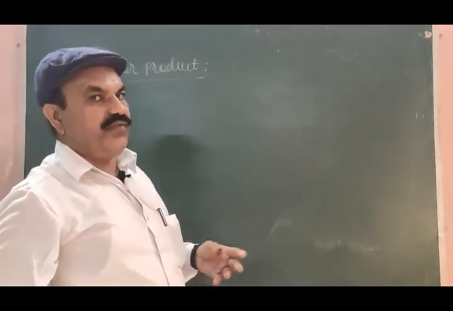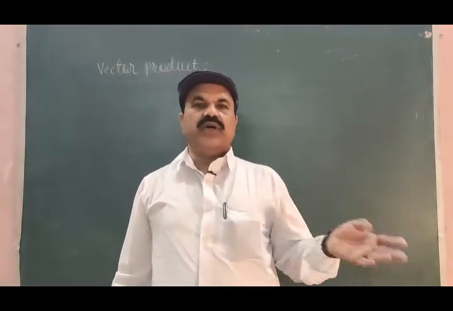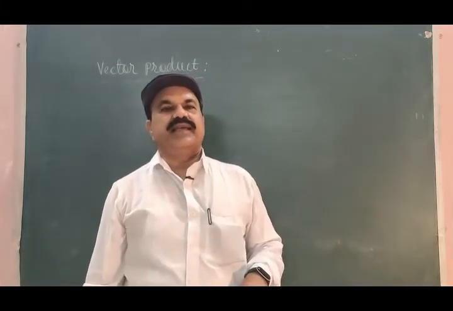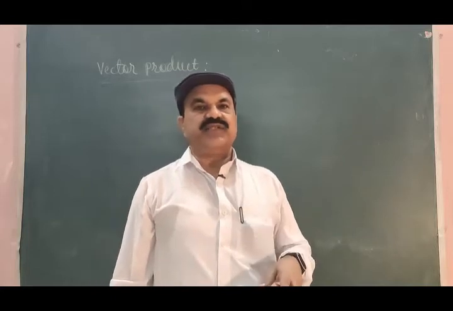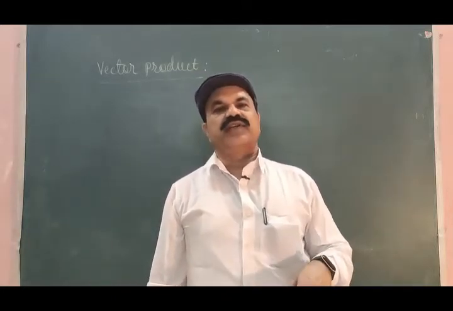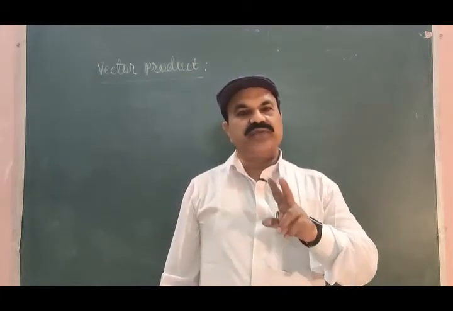Let us first see a few properties of cross product or vector product of two vectors. After that, we shall derive the expression for cross product or vector product of two vectors.